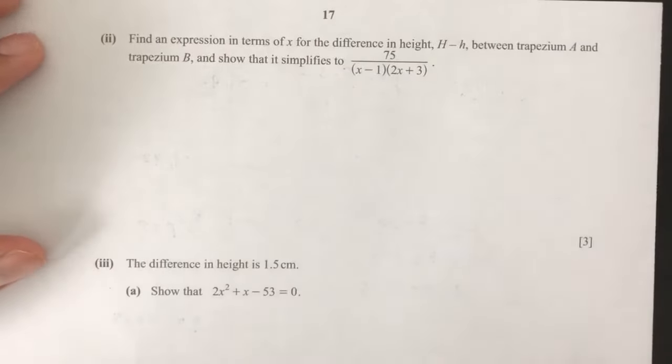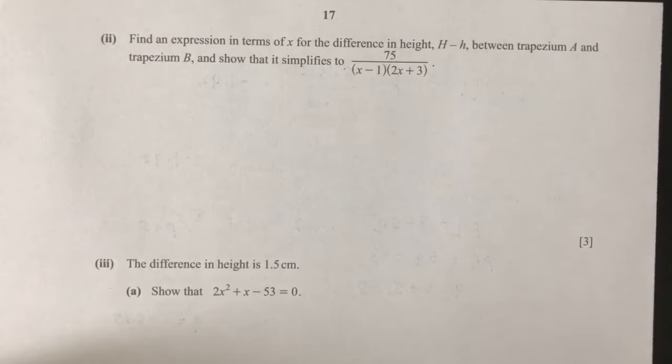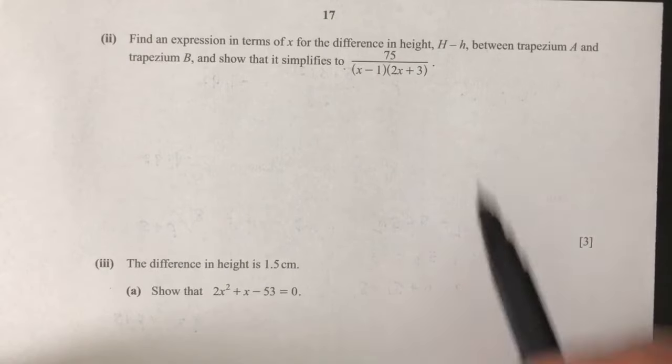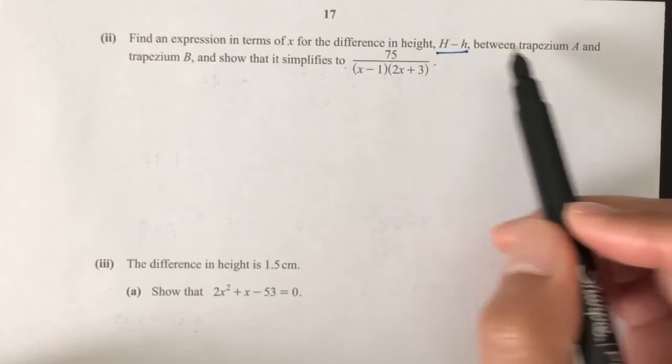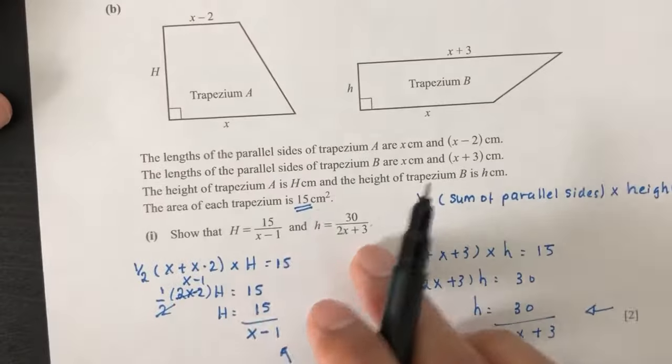Okay, moving on to part 2. Find an expression in terms of x for the difference between these. So difference, h minus this will give me. So from the first part, we have to use this.